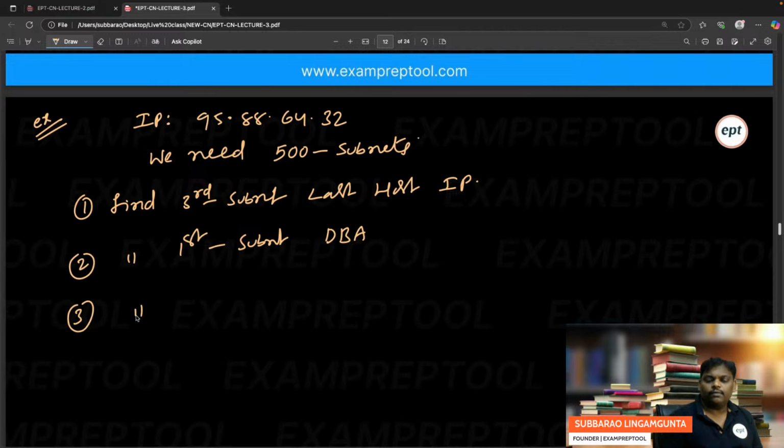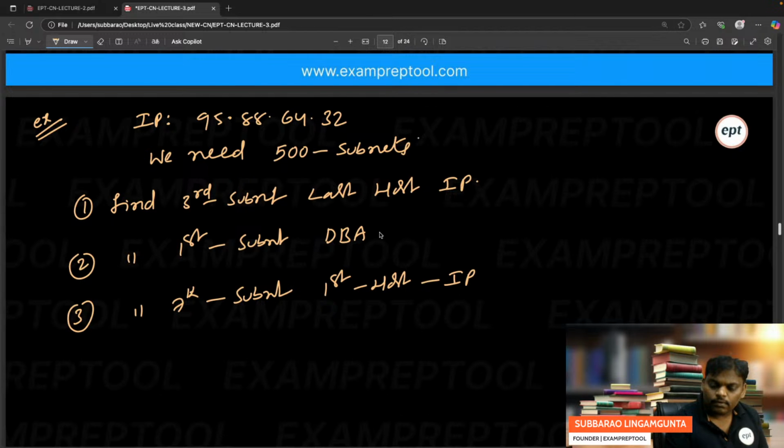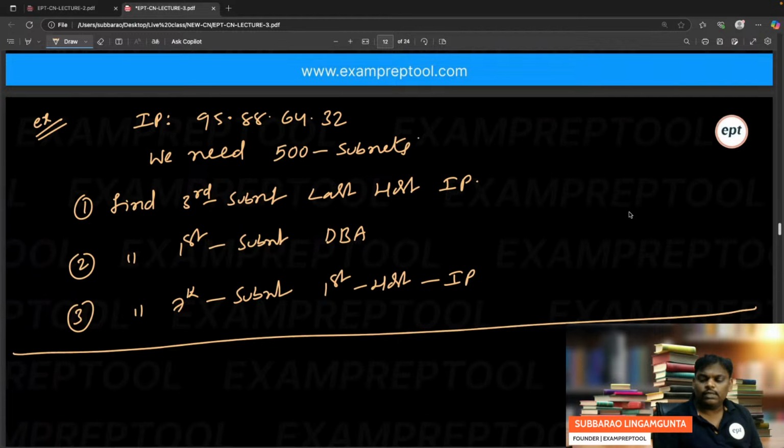Find the seventh subnet's first host IP. These are the things. This is the homework for you.